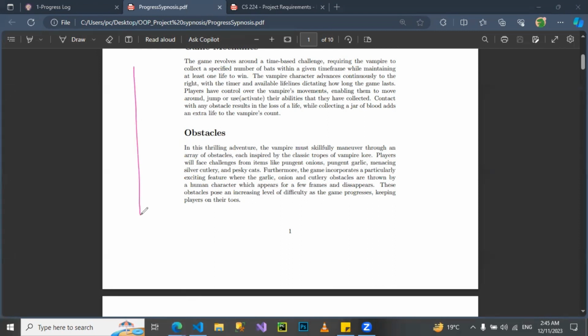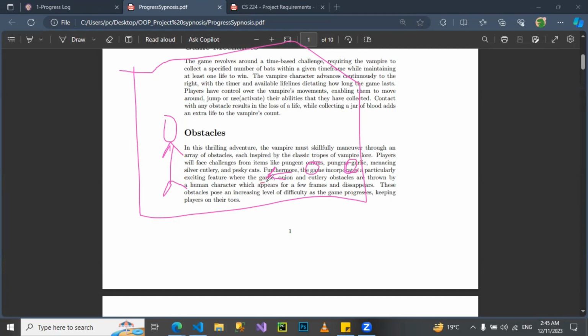For example, this is our game screen and the vampire is right here. Whenever these obstacles will be coming towards the vampire, these obstacles will be originating from the right bottom corner of the screen, but they won't be originating just instantly and out of nowhere.